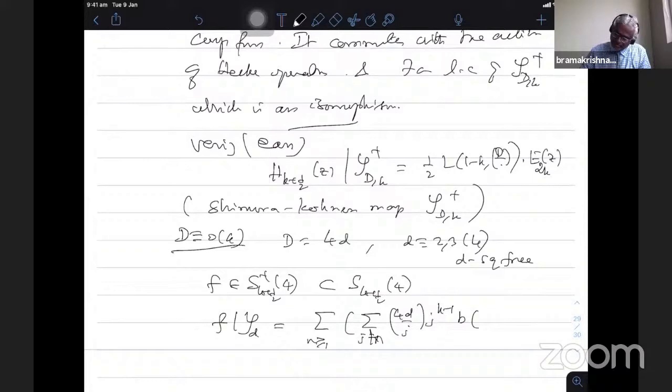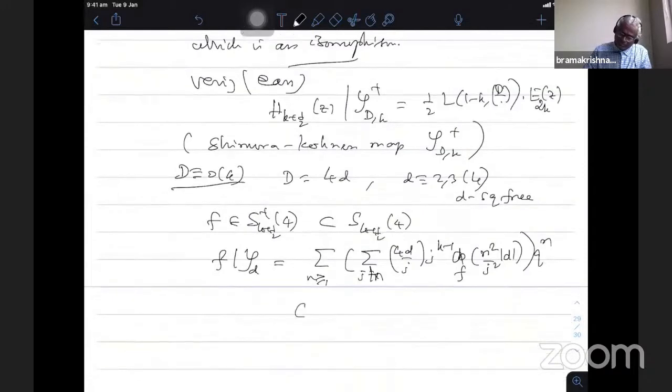Here I can put a_F, no problem. So this belongs to S_{2k} because F is a cusp form.